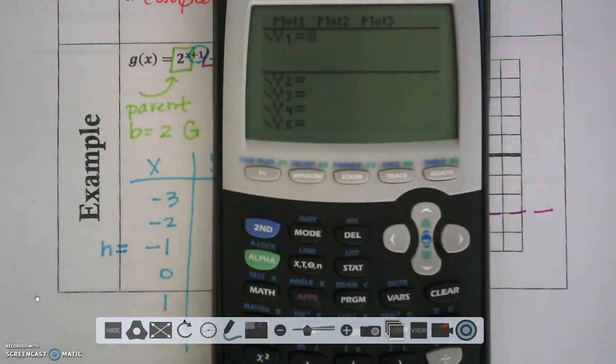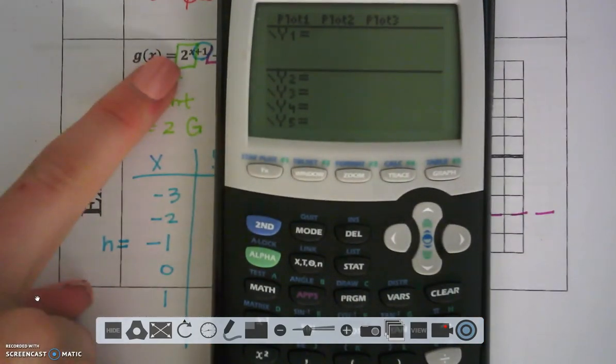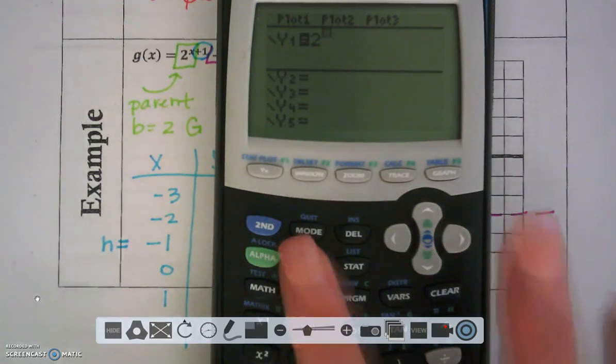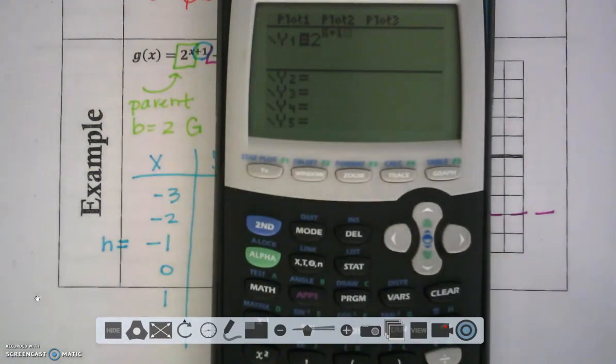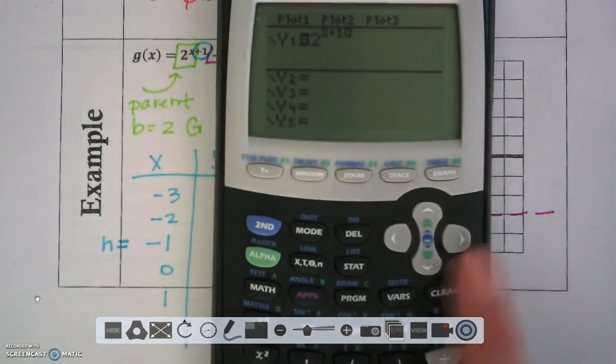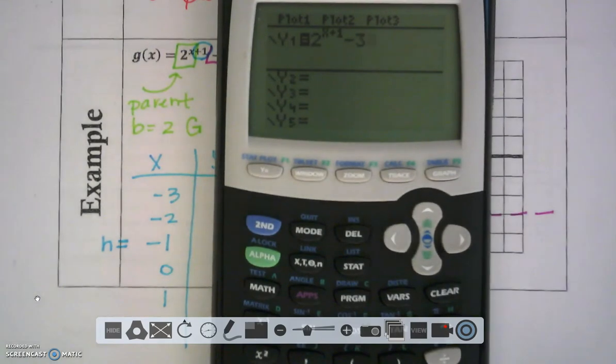We need to write exactly what we see in our equation here. So I'm going to write 2 raised, and if you have a floating box, you're in good shape. You can just type in x plus 1. If you did not get the floating box, please be sure to put this exponent inside parentheses. Now, arrow to the right and subtract 3.